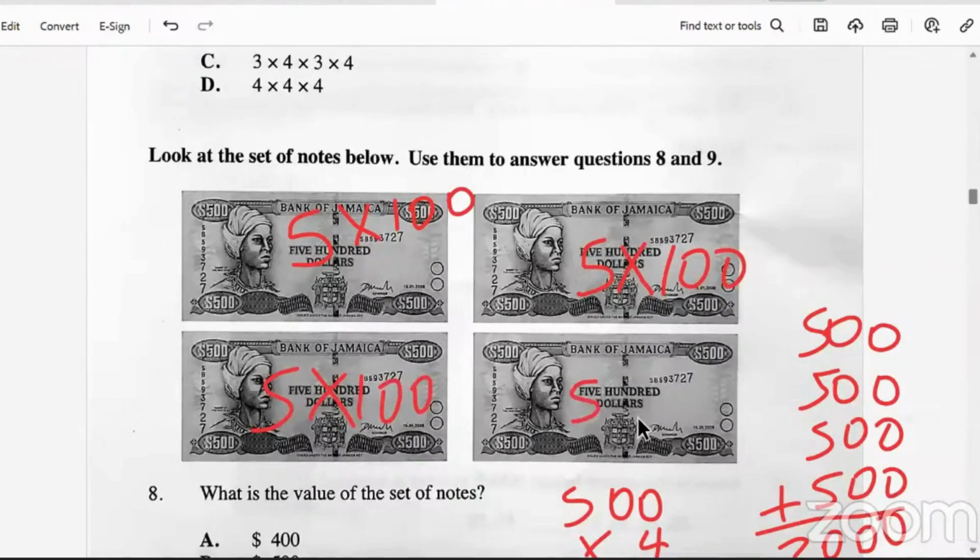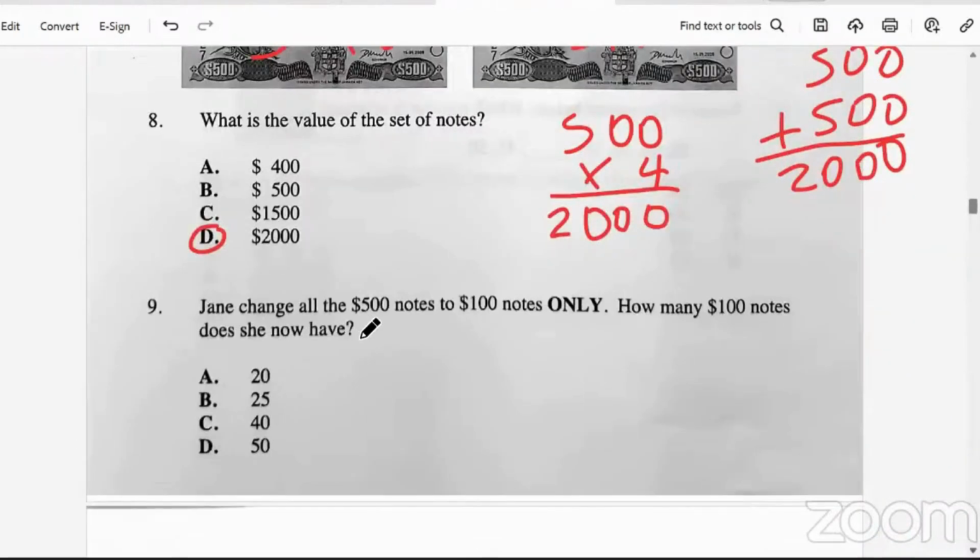And this one is also 5 $100 notes. So 5 plus 5 plus 5 plus 5, that would give us 20, okay? If we were to add them up, it would be 20. So if she changed all the 500 to $100 notes, she would have 20 $100 notes, okay? 5 for each of those $500 bills.